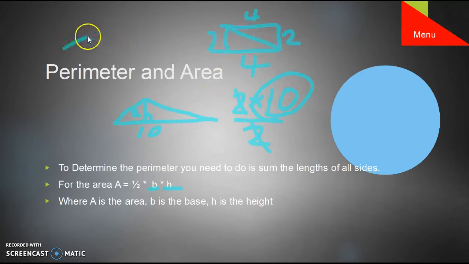So if you have a different shape that looks like this, you can separate it into 2 triangles similarly, and it has an area based on the height and a base. So that's why it's 1/2.